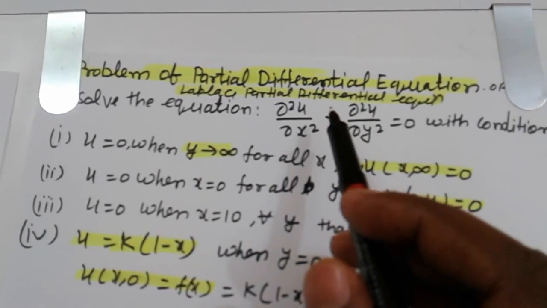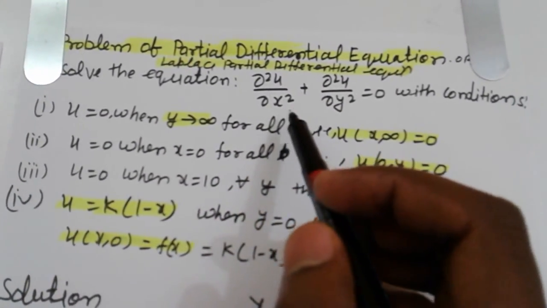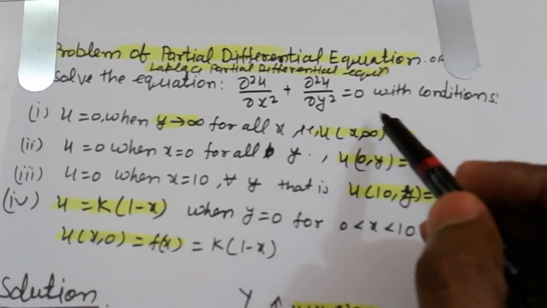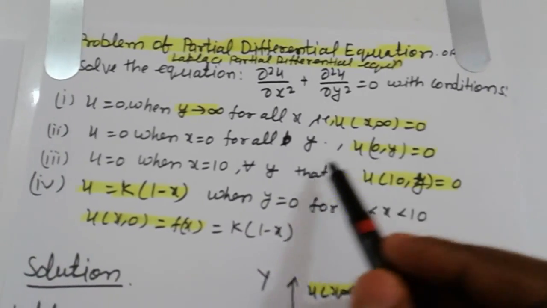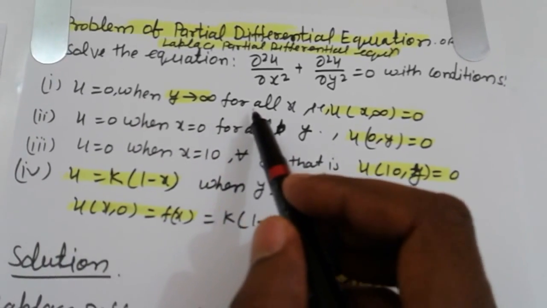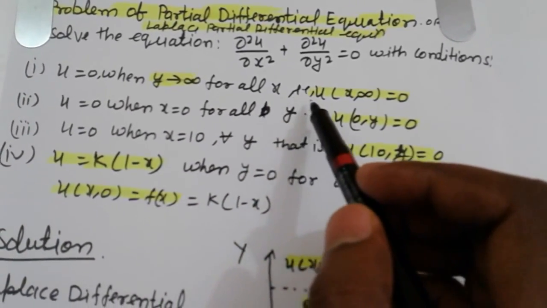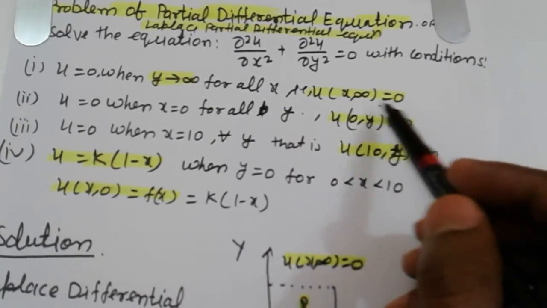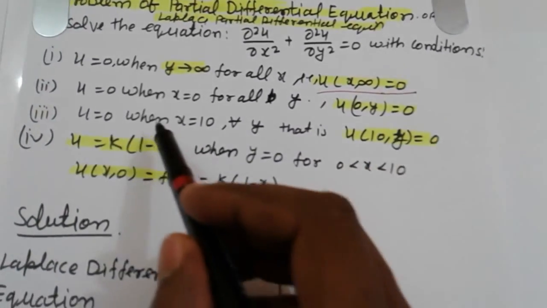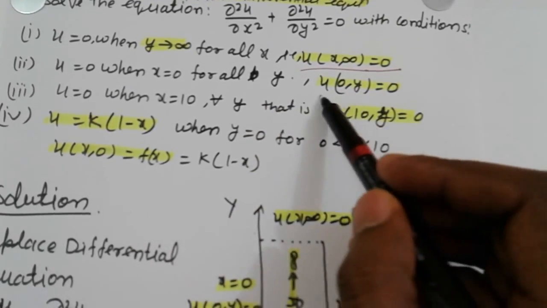Problem of Laplace partial differential equations. Now solve the equation del squared u by del x squared plus del squared u by del y squared equal to 0 with the conditions. First condition, u equal to 0 when y tending to infinity for all x, that is u(x, infinity) equal to 0. u equal to 0 when x equal to 0 for all y, so u(0, y) equal to 0.